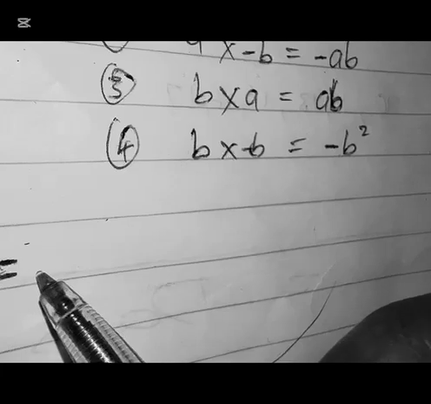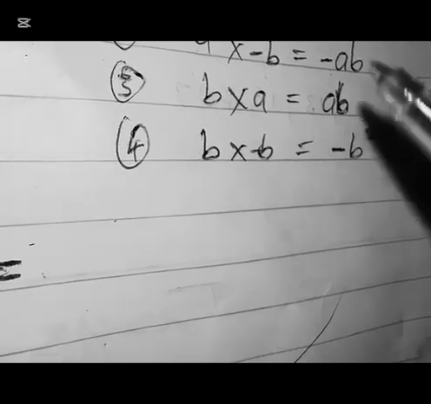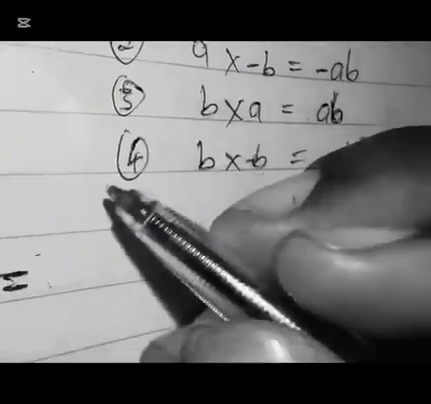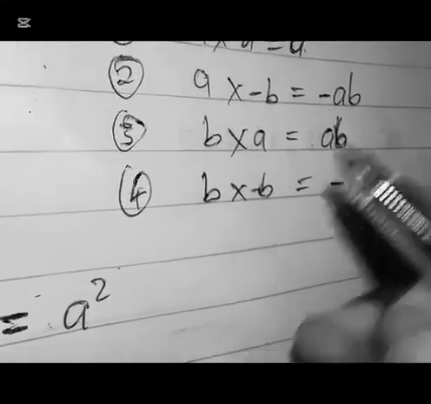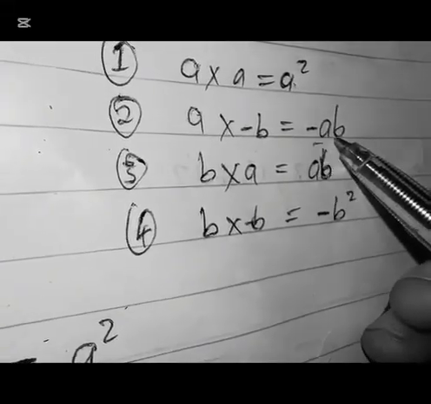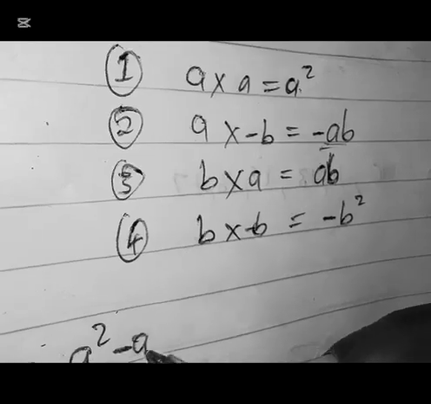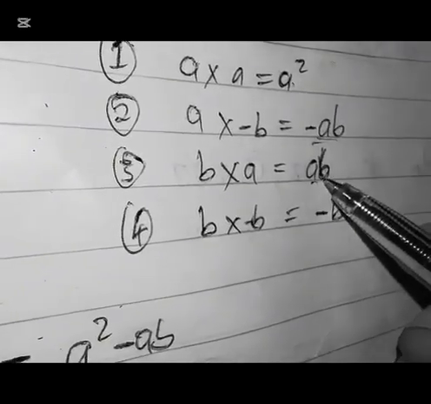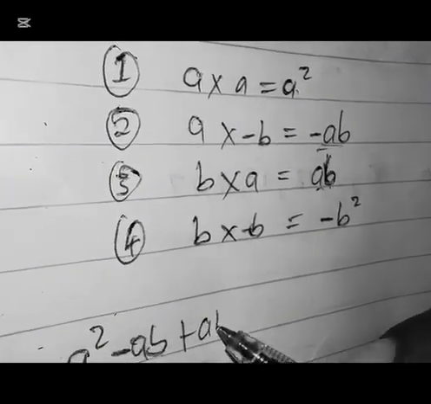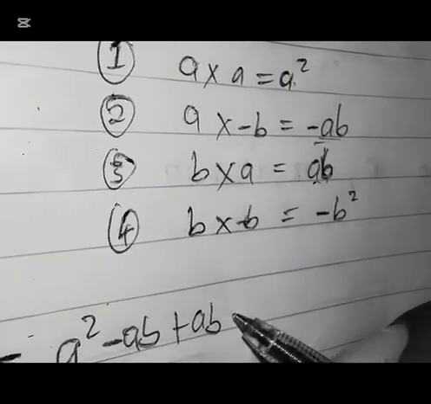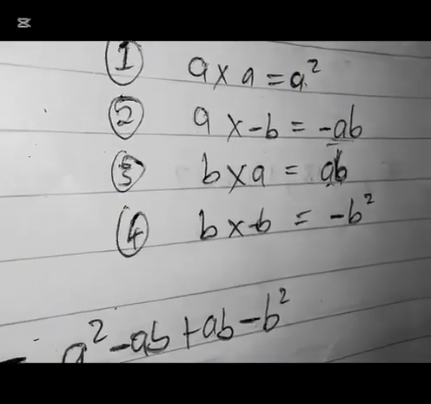Term number 1 is a squared, term number 2 is negative ab, term number 3 is ab, and term number 4 is negative b squared.